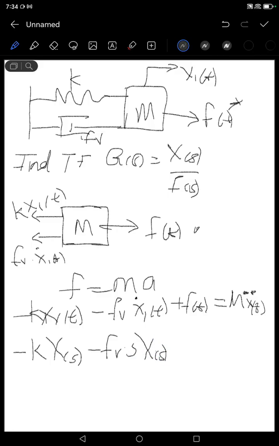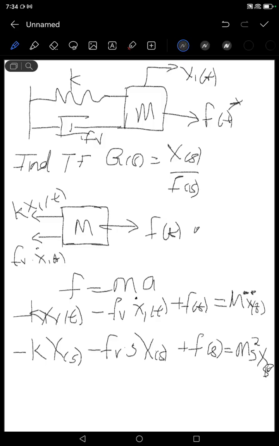Plus F of s, the Laplace of f of t, all equal to m, and the Laplace of x double dot is going to be s squared big X of s. This is what we have.